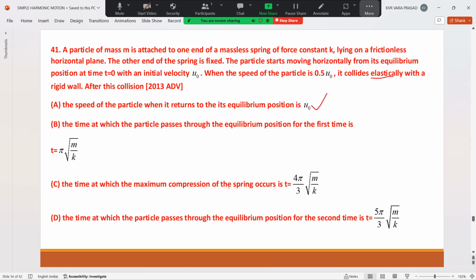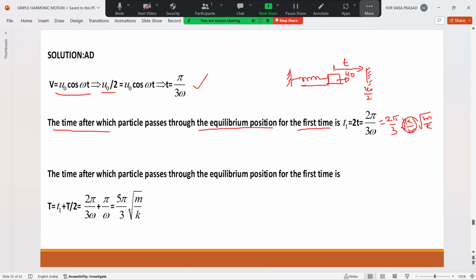Now see the next one. Option C: the time at which maximum compression of the spring occurs is. Now see the diagram carefully.